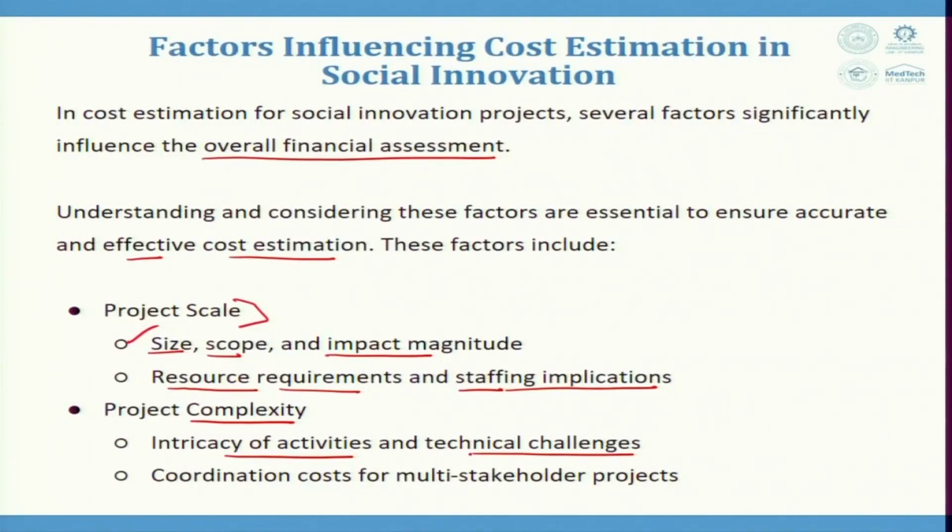For example, if you have developed a vaccine for AIDS, you need to see the people who are hit by this disease. People sometimes are not willing to disclose those. So, what is the intricacy of the activities and technical challenges?